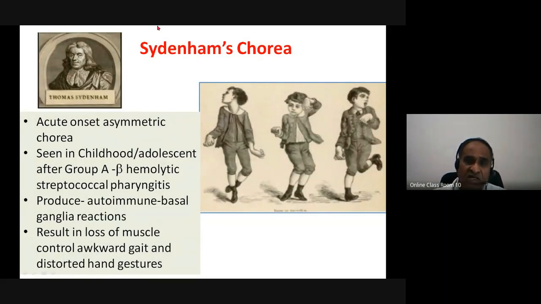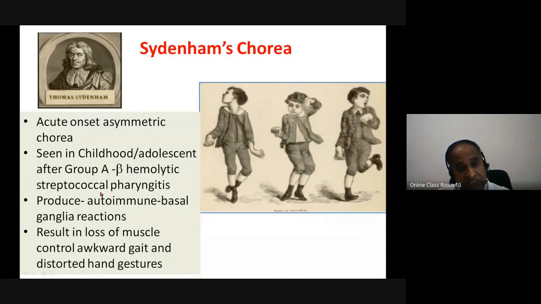Now we have another chorea, called Sydenham's chorea. This Sydenham's chorea is seen in children, especially in the younger age group, 6 to 14 years. It happens after pharyngitis, especially pharyngitis from group A beta hemolytic streptococcal infection.